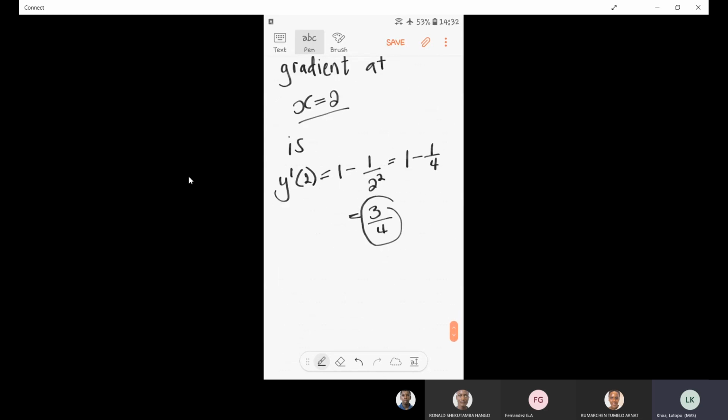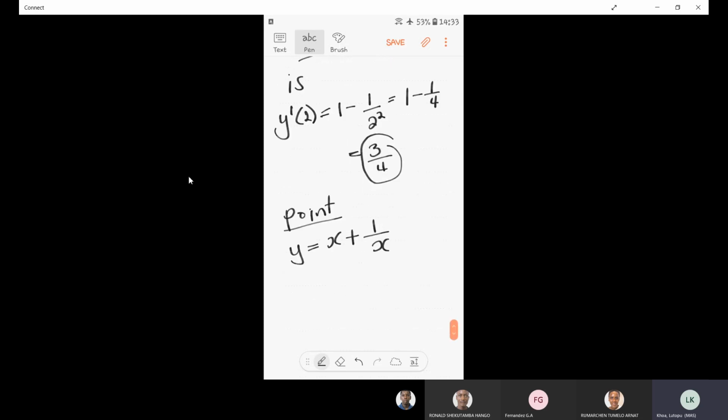So y is equal to x plus 1 over x, but I'm looking for the point when x is equal to 2. So y is equal to 2 plus 1 over 2, and this is just equal to 5 over 2. So the point is 2 comma 5 over 2.